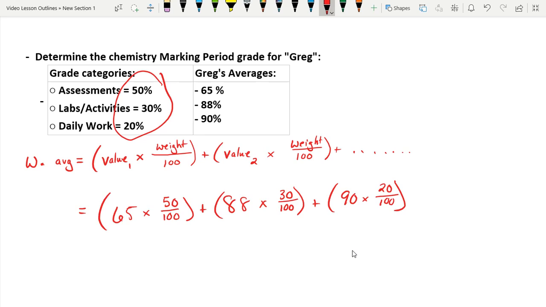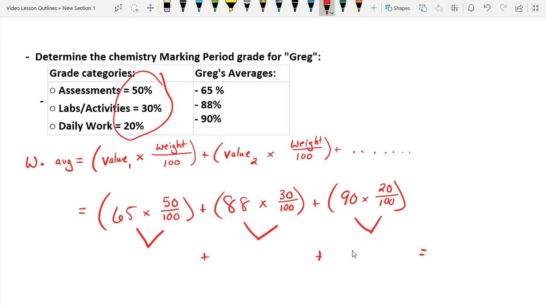To get this in the calculator, I recommend getting an answer for each of these three parts, and then adding those three sections together to get your final answer. The reason I recommend this is because once we start applying our significant figure rules to the measurements, when we start doing this for our weighted averages with isotopes, it's going to make the most sense in terms of the rounding.